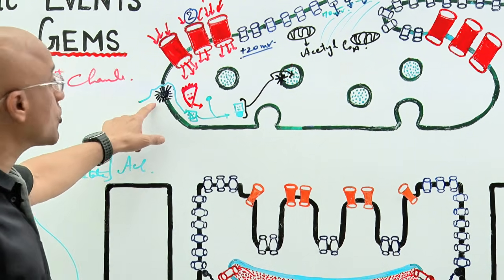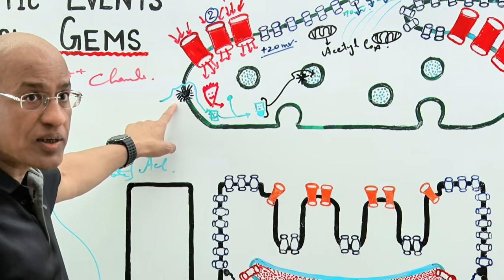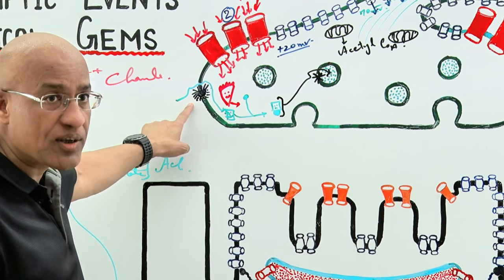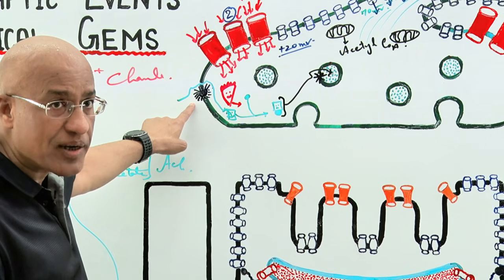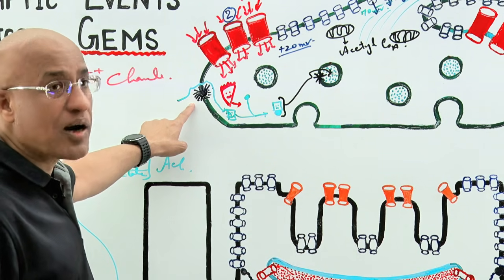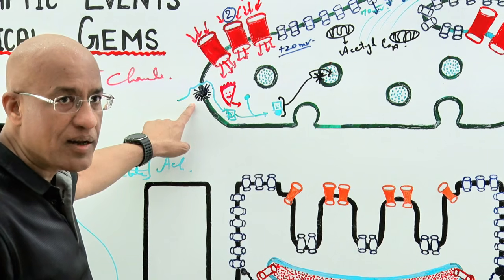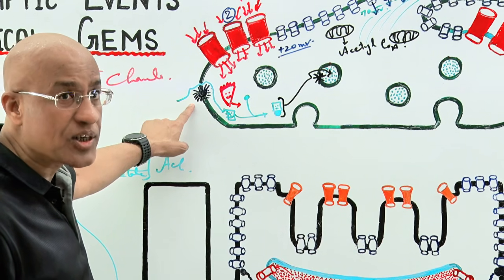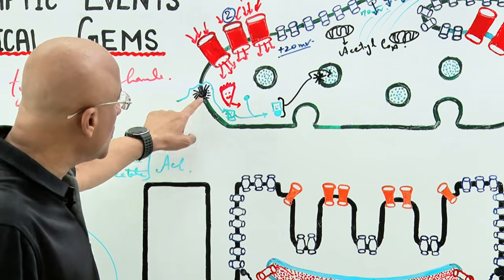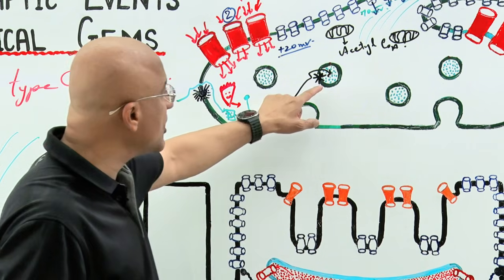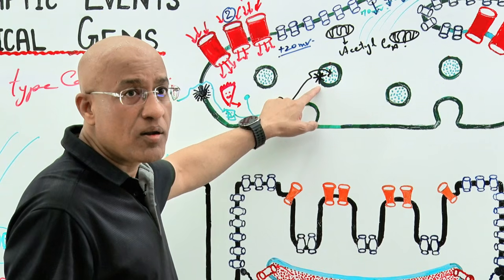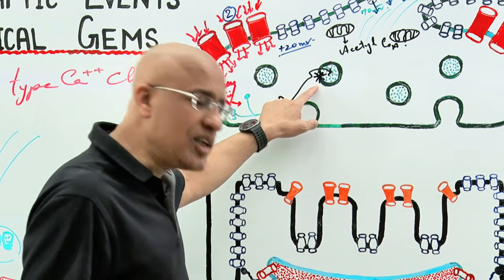Now this other one was just the choline transporter, which was in the outer membrane, part of the terminal button membrane, or part of the presynaptic membrane in the cholinergic nerve ending. So this transporter is the choline transporter, and this is the vesicular acetylcholine transporter.